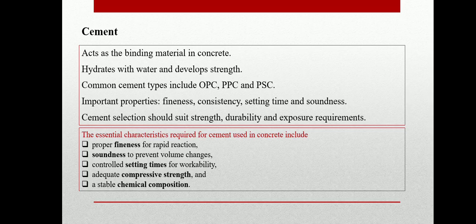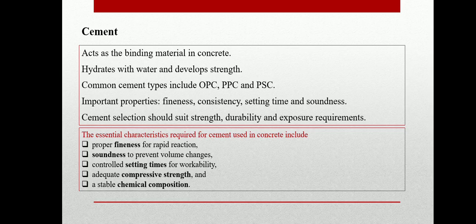When we evaluate cement quality, there are a few properties we always check: fineness, consistency, setting time, and soundness. Fineness affects how rapidly the cement reacts with water. Finer cement reacts faster. Soundness is about preventing unwanted volume changes after the concrete has set.